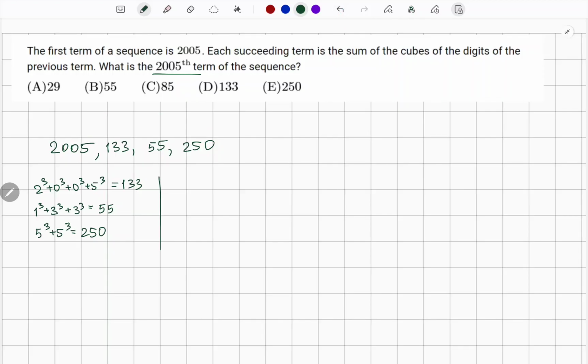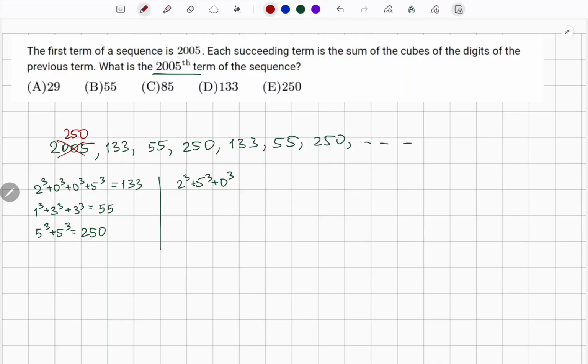Yeah, I think we got it. The next term is 2 cubed, 5 cubed, and 0 cubed, so it's the same as 133. So it's followed by 55, 250, again and again. So 2005, the first term, can be easily replaced by 250, because it consists of the same digits.